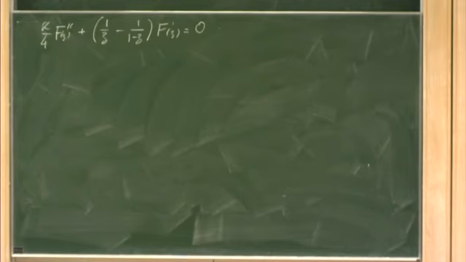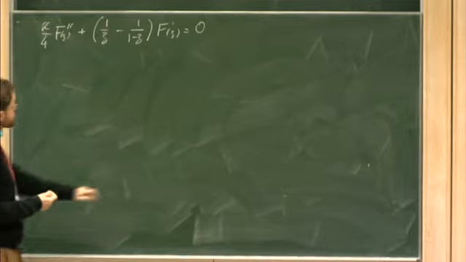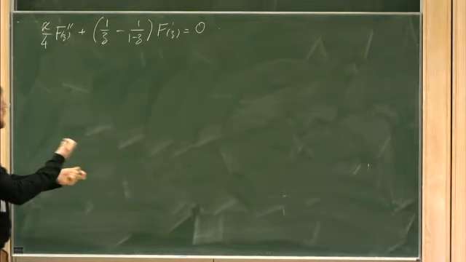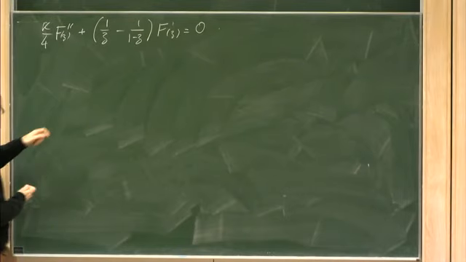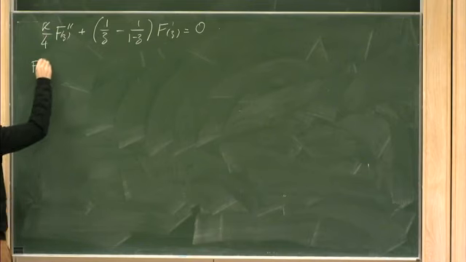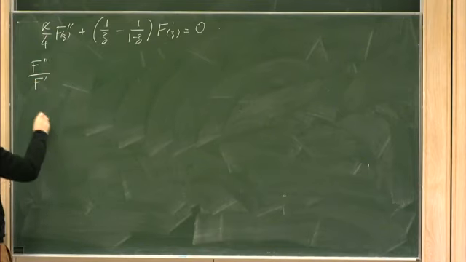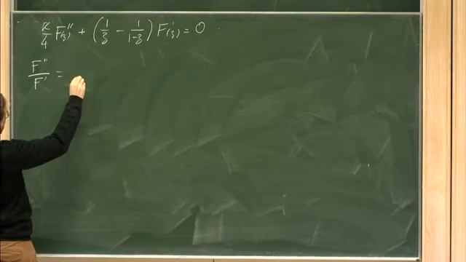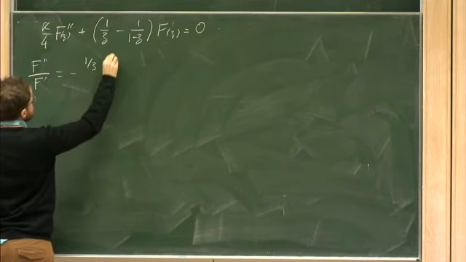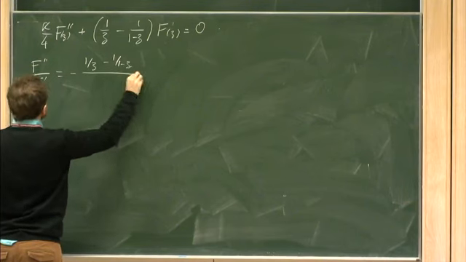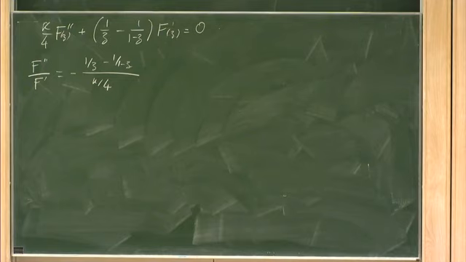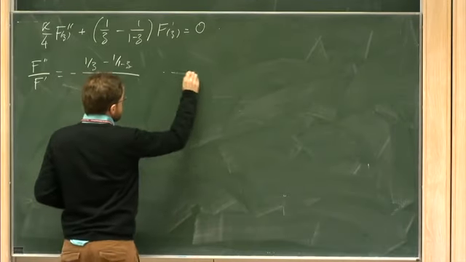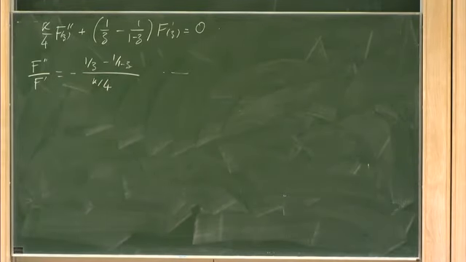So this is a linear equation of the first order in f prime, so you can first solve for f prime, and what you get, where you separate the terms, is that f double prime divided by f prime is minus 1 over z minus 1 over 1 minus z, divided by kappa over 4. So you take the integral and you get the log of f prime, and then you compute everything. And so this is just tedious computation from this point.